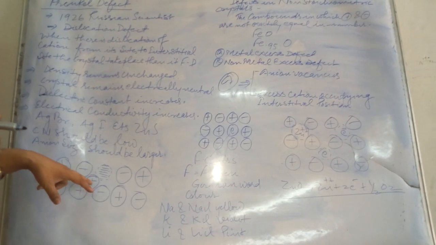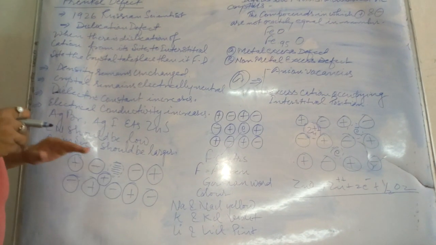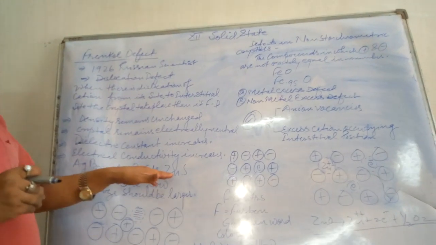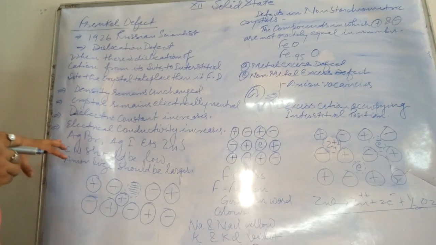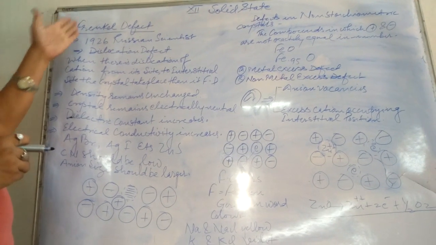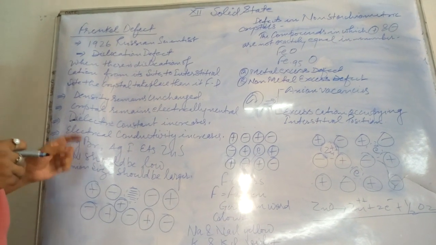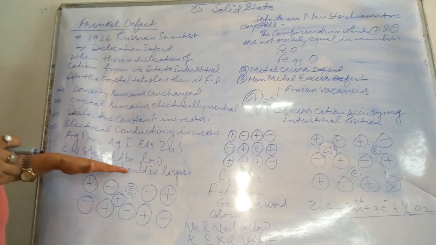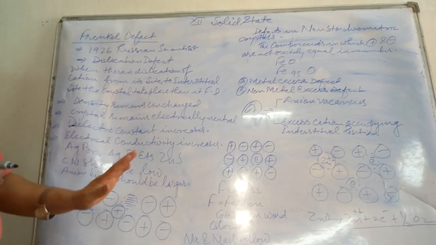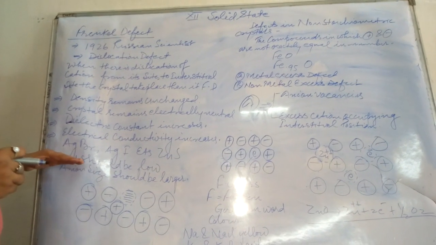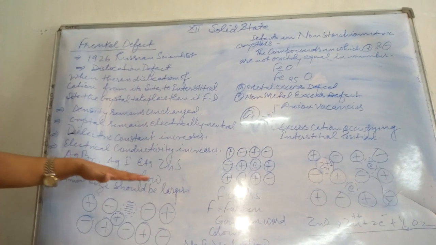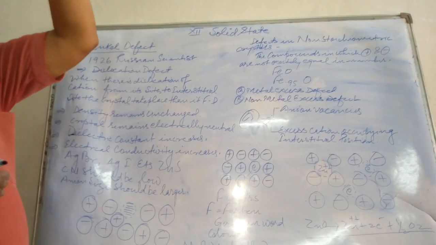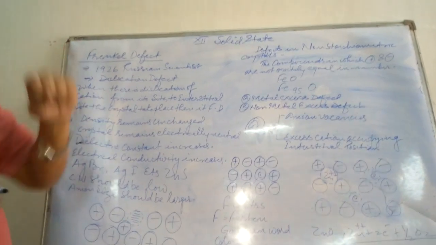Therefore the cation will shift towards the interstitial site, as in silver bromide, silver iodide and even zinc sulfide. Such crystals will show Frenkel defect. The size of the anion should be larger than the size of the cation, and the coordination number should be lower compared to crystals showing Schottky defect.